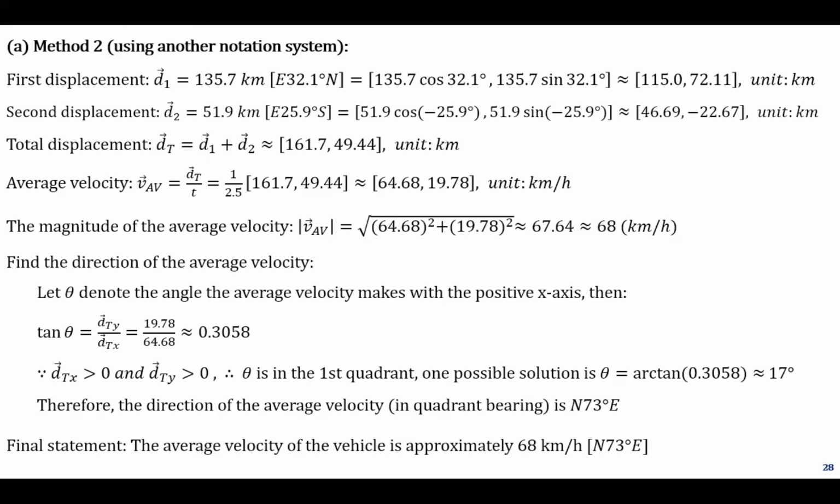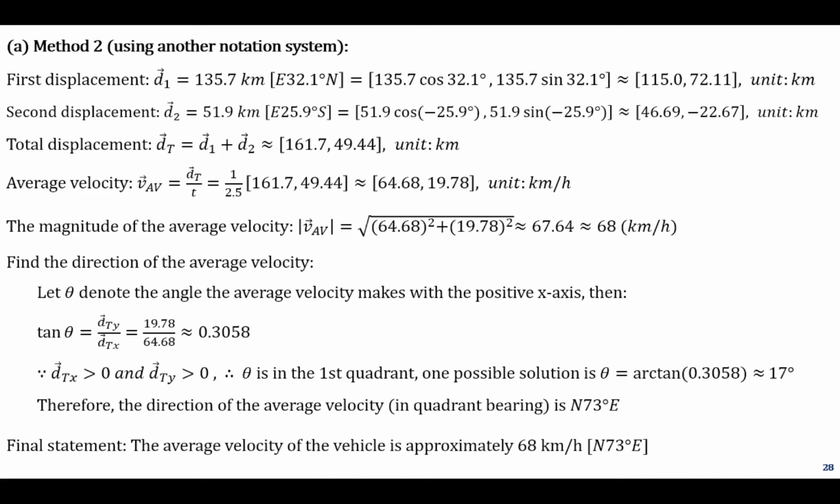We can let theta denote the angle the average velocity makes with the positive x-axis. Note that angle could have an unlimited number of solutions, right? As long as they are coterminal angles.